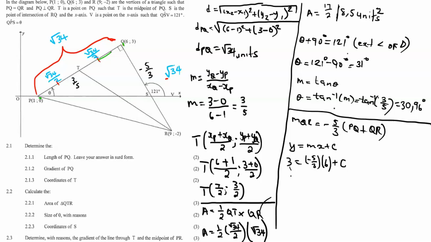Negative 5/3 multiplied by 6 gives us negative 10. And then we take that negative 10, we transpose it to the other side, it becomes 3 plus 10 equals c, and then c is equal to 13. So the equation is y equals negative 5/3 x plus 13. So that means if you were to continue this line, it's going to cut the y-axis at 13. And then we move to the last one.